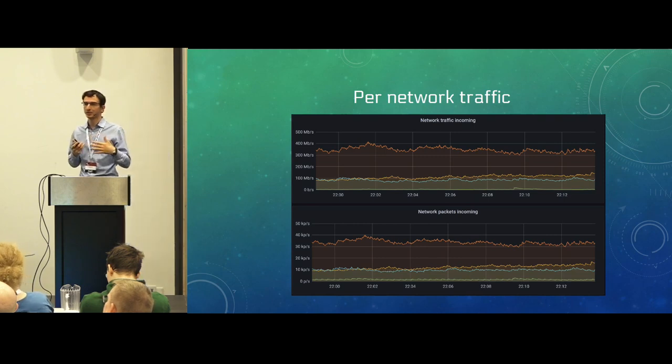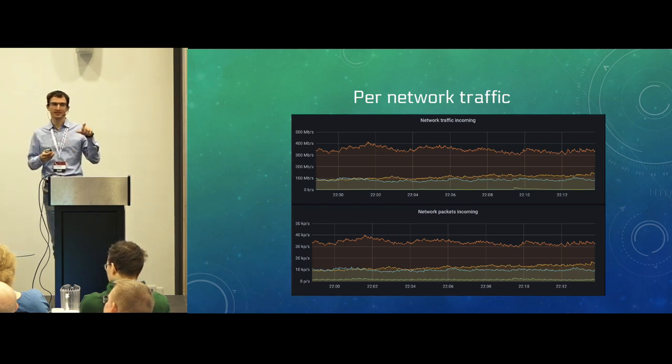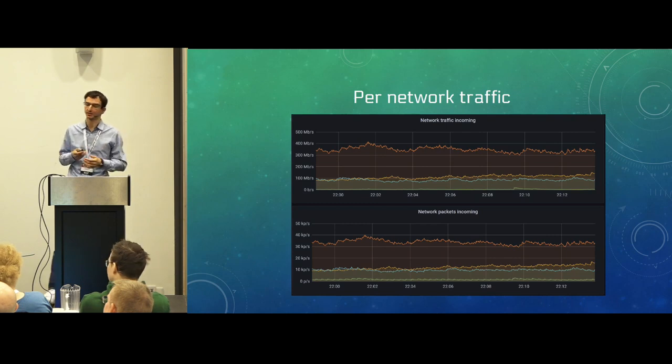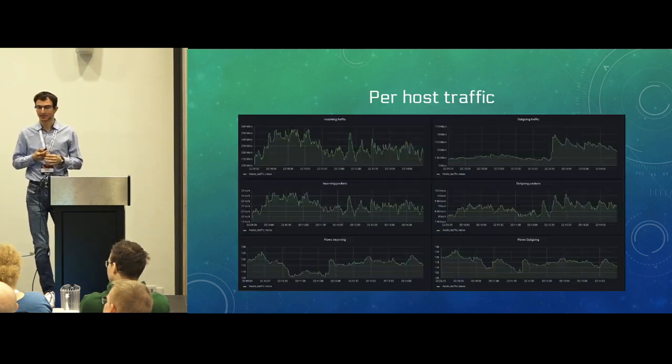Because usually we try to make IP addressing in a way to understand this one keeps DNS services, this one keeps customer services, this one caches. And you can find out, okay, we have some issues for this specific customer in this specific region. And lastly, the aggregation level is host level traffic.